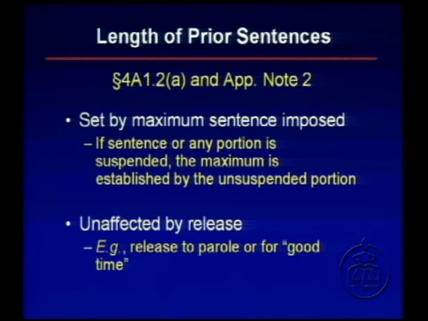However, if the sentence or any portion of that sentence is suspended, the maximum is established by the unsuspended portion. So, for example, if a defendant is sentenced to 5 years of imprisonment, suspended upon service of 1 year of imprisonment, with 2 years of probation to follow, for purposes of 4A1.1, the length of that prior sentence is 1 year of imprisonment, which would result in 2 criminal history points under 4A1.1(b).